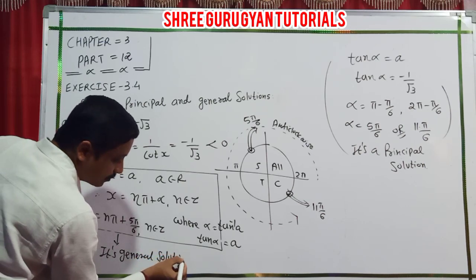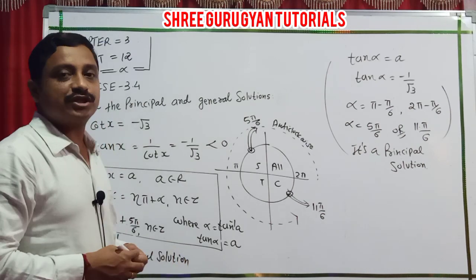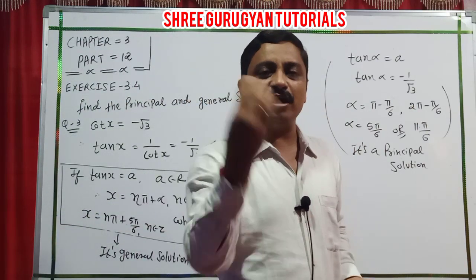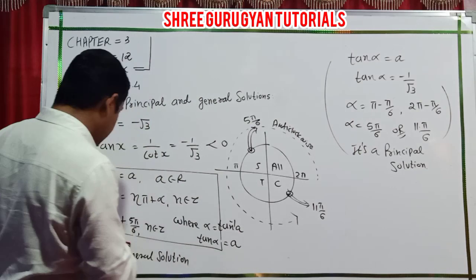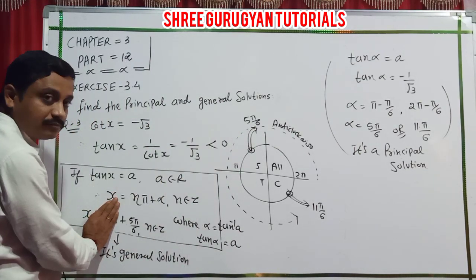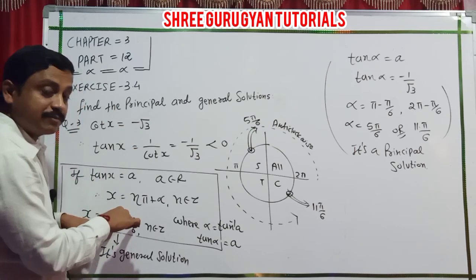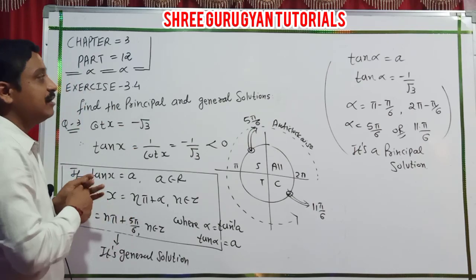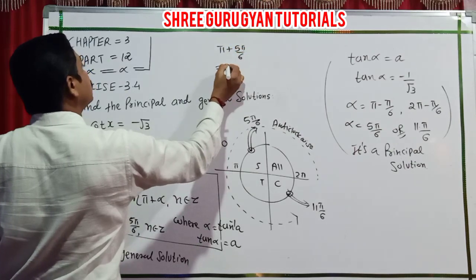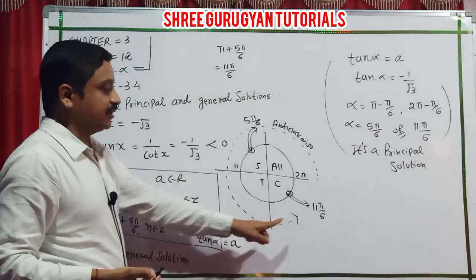Do you know the meaning of general solution, students? If you rotate anti-clockwise many rotations, consider n is 0, your first answer is 5 pi by 6. N is 1, so pi plus 5 pi by 6, which is 11 pi by 6, that becomes this one.